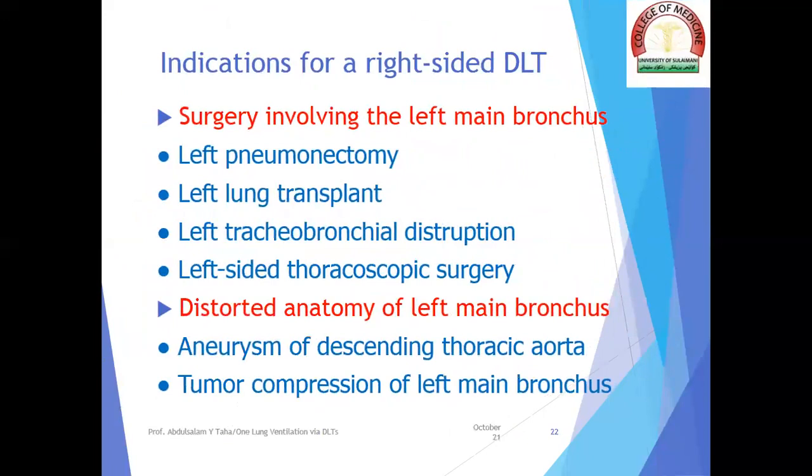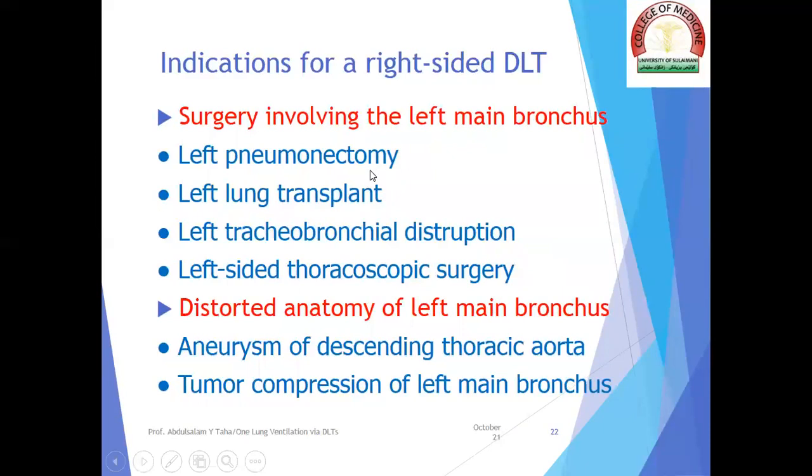So these are the indications for a right-sided double lumen tube. Surgery involving the left main bronchus, such as left pneumonectomy, left lung transplant, left tracheobronchial disruption, left-sided thoracoscopic surgery.